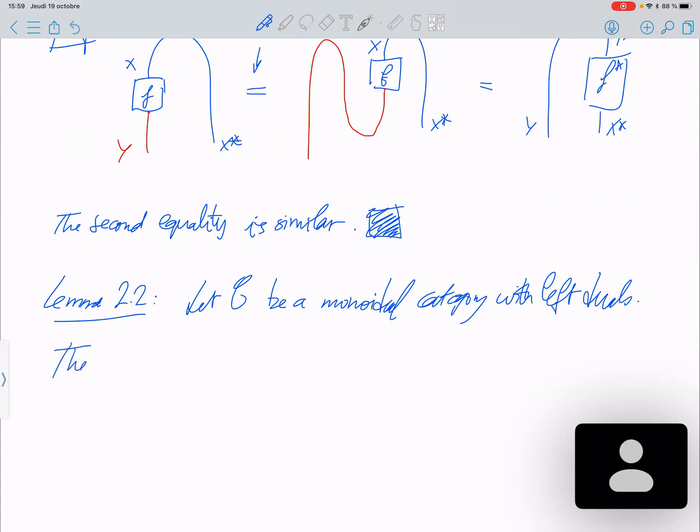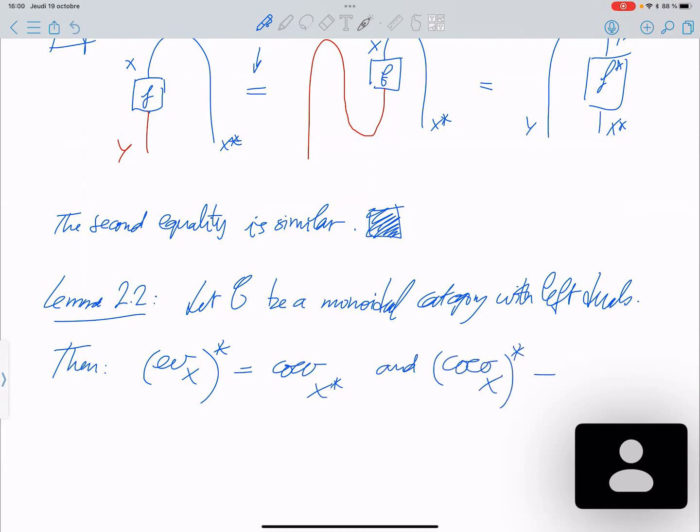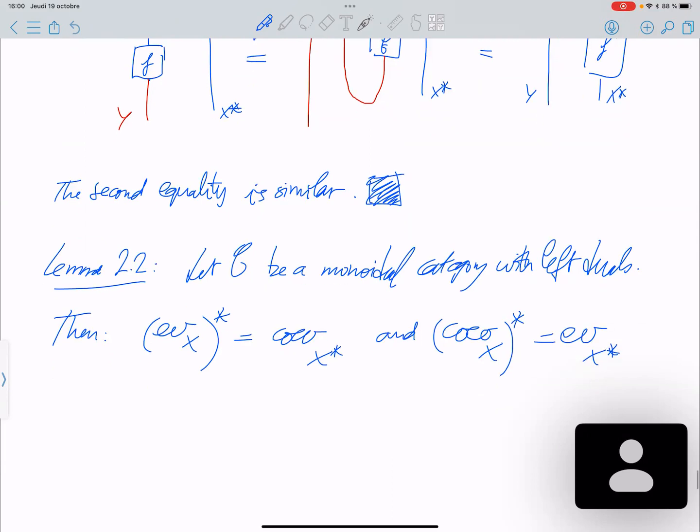Then we can say something about the dual of the evaluation and co-evaluation maps of an object X. The dual of ev X is coev X star. And the dual of coev X is the evaluation of X star. Like that.